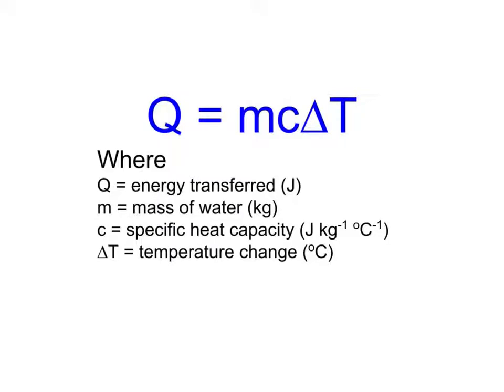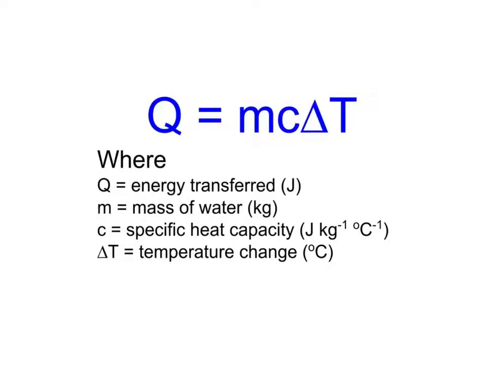So we actually put things in the middle of water and let the energy move into it. This is called a bomb calorimeter, where you surround your test material with water and measure the temperature of the water to see how much energy is transferred.